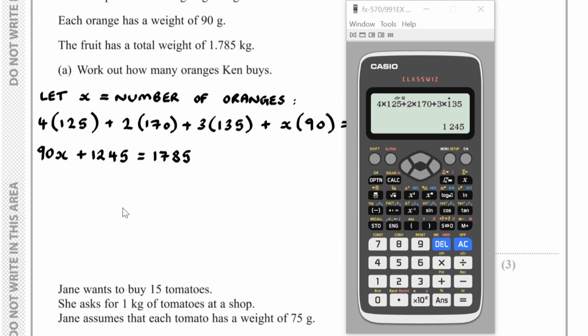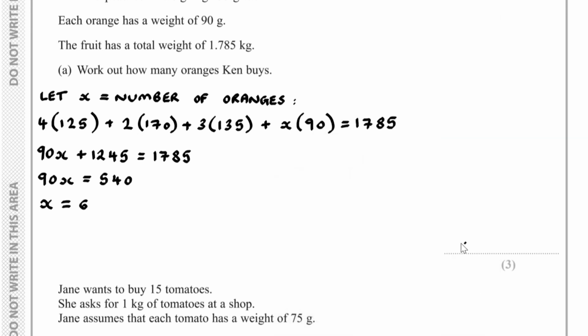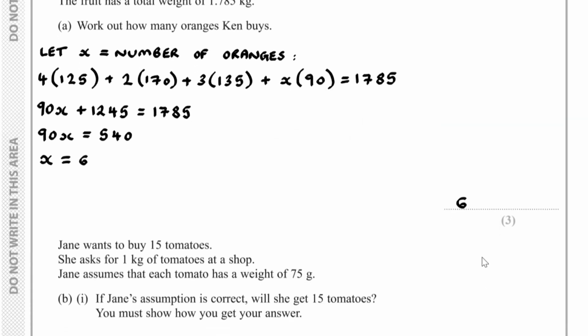And so if I do 1785 subtract 1245, we get 540. So 90x is equal to 540, and to find out what x is, we divide by 90 to get 6. So x is equal to 6, so there's 6 oranges.